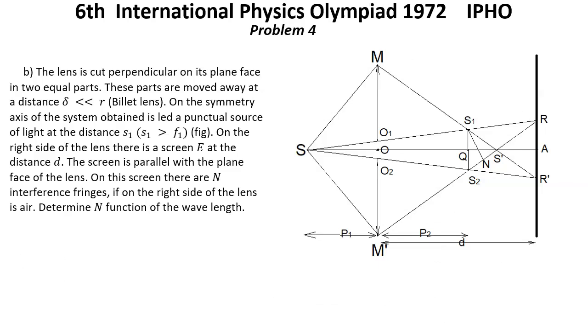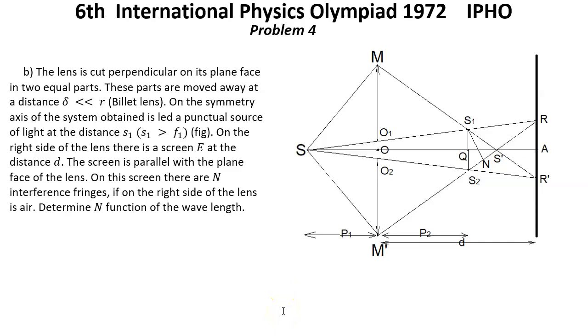Problem 4, question B. The lens is cut perpendicular to its plane face into equal parts. These parts are moved away at a distance delta, this one from O to O1 and from O to O2, such a way that delta is much less than R. Billet lens.